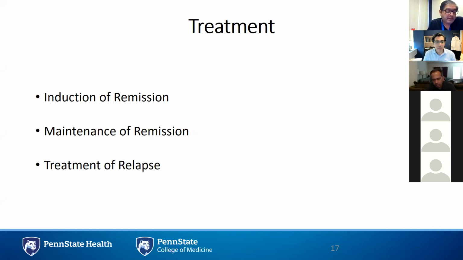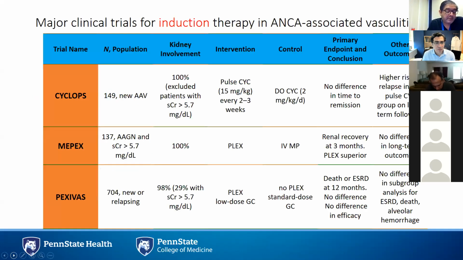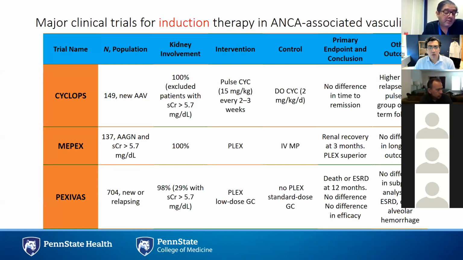And then the other is, how do I treat a relapse? So in ANCA-associated vasculitis, I think there have been several clinical trials. So I think it's important that we discuss some of those key major clinical trials to understand how we arrived at the current treatment modalities.